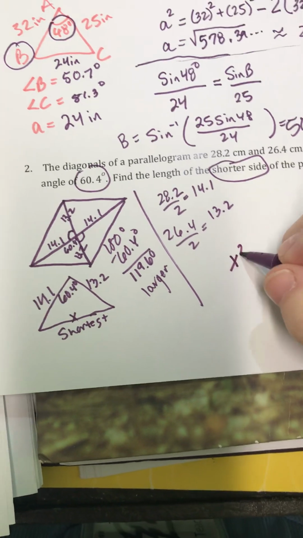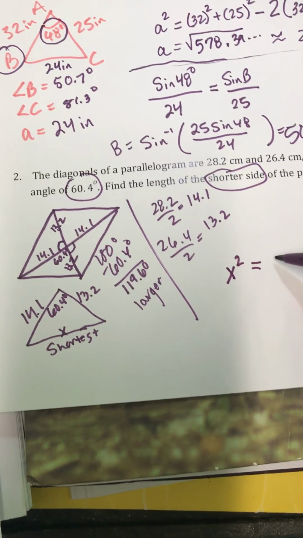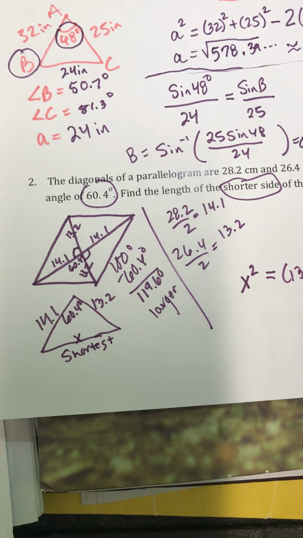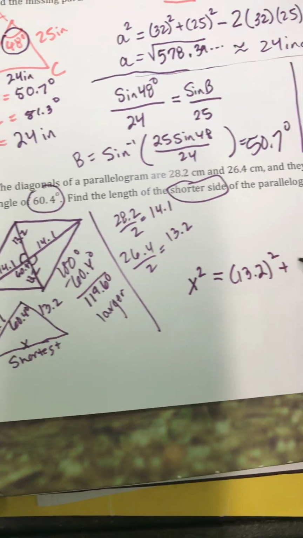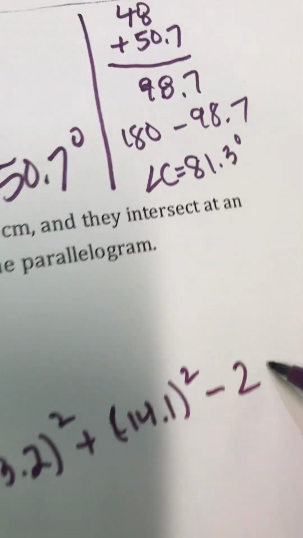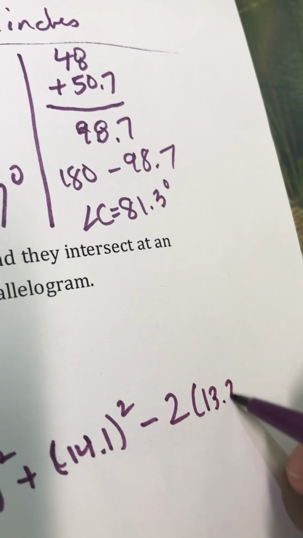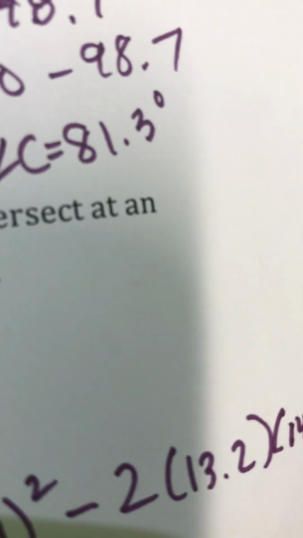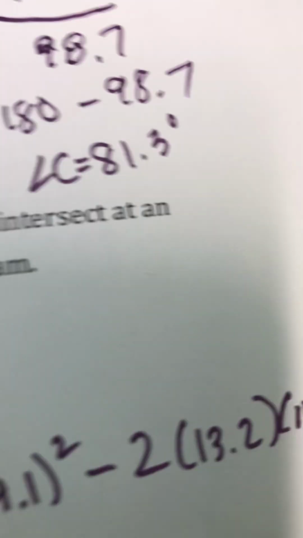The side I want squared will equal the other two sides squared, added, minus 2 times each of those sides, times 14.1, times the cosine of the angle that's between them, so the 60.4.